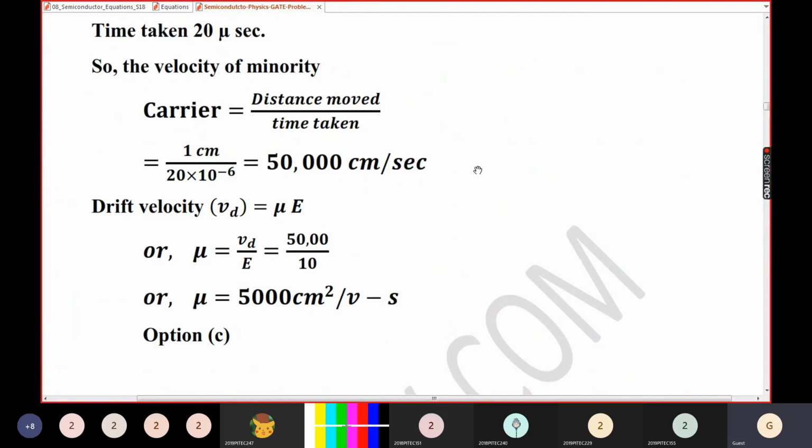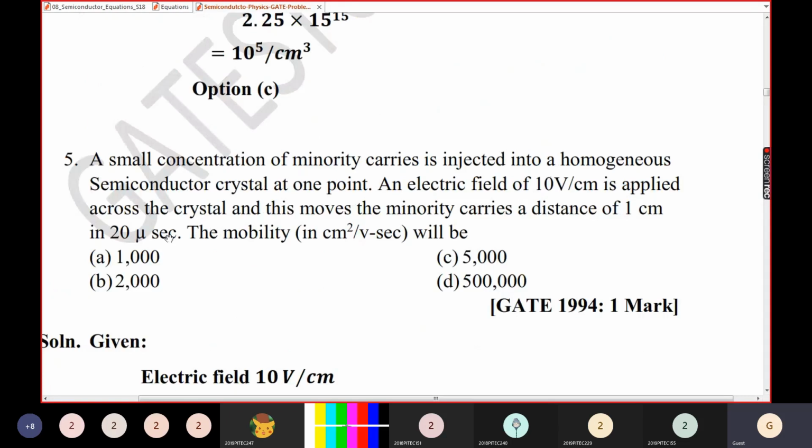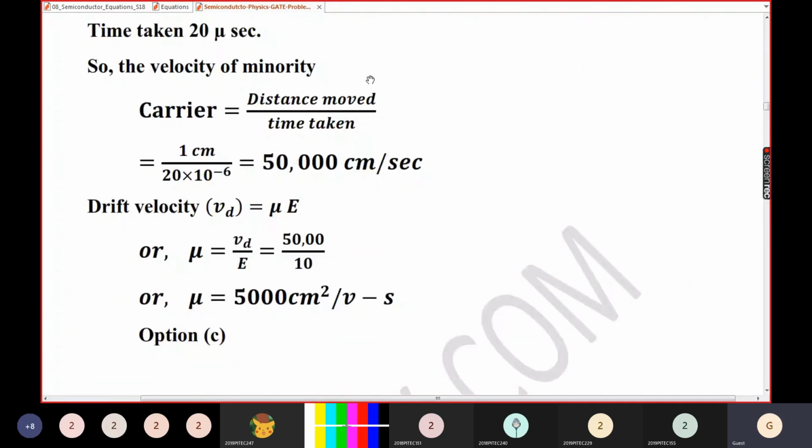So V is equal to D divided by T. The same formula they have applied here. Distance is 1 centimeter, time is 20 into 10 power minus 6. If I convert it into seconds, you get 50,000 centimeter per second. Here you apply this Vd and you get the value of mobility.